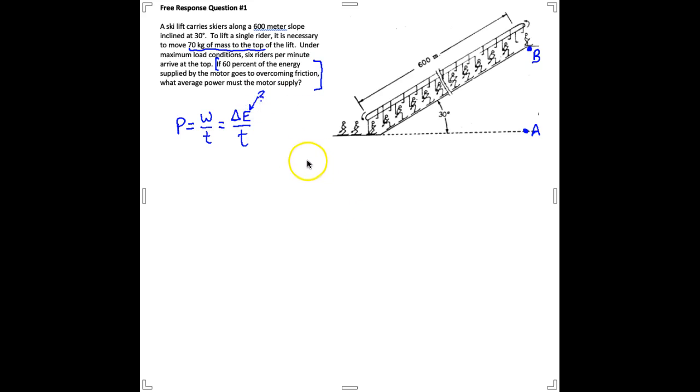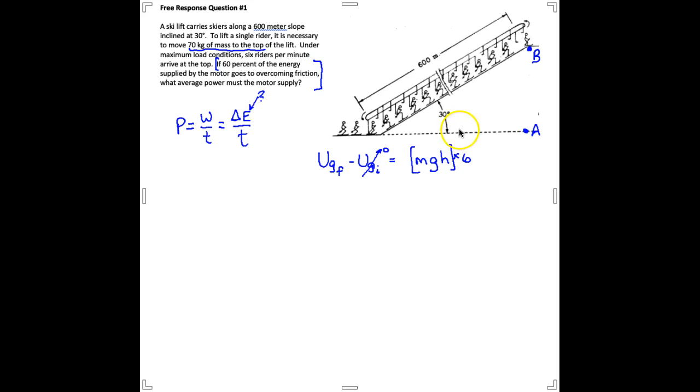Let's acknowledge that the change in gravitational potential energy is UG final minus UG initial. The initial gravitational potential energy is 0, so it's just going to be equal to mgh times 6, the 6 riders, where mgh is the gravitational potential energy for one of the riders.